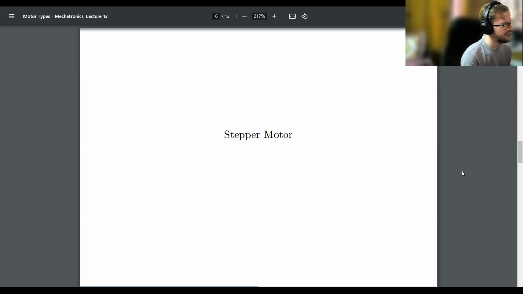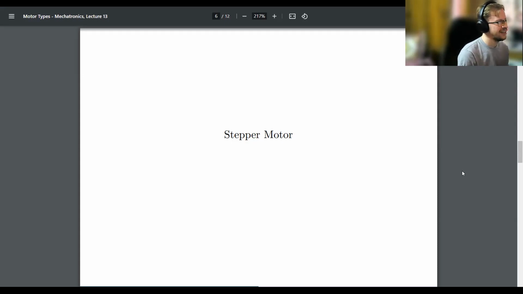You could do that. It's quite complicated, and we will come back to this when we discuss the brushless motor. But the AC motor is a source of rotation. Now, the stepper motor idea is to produce a source of orientation. Make sure that we have a motor that can orient itself very precisely.